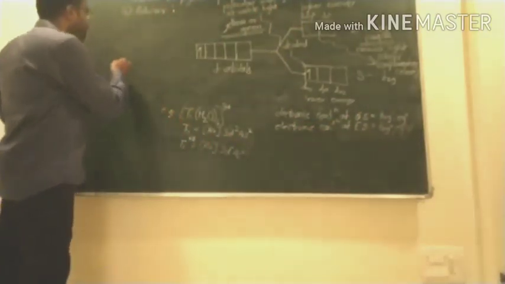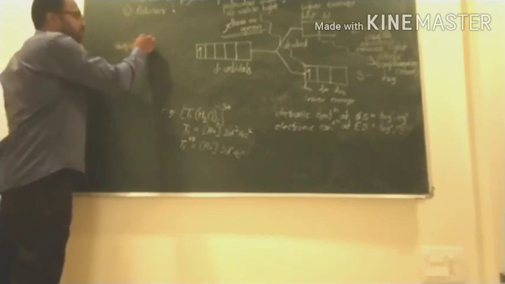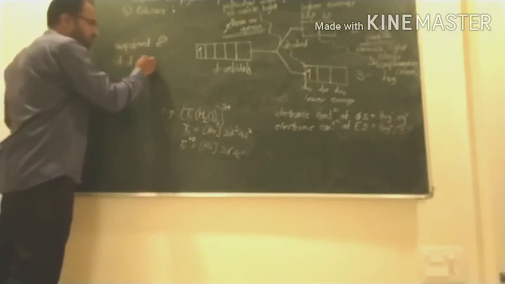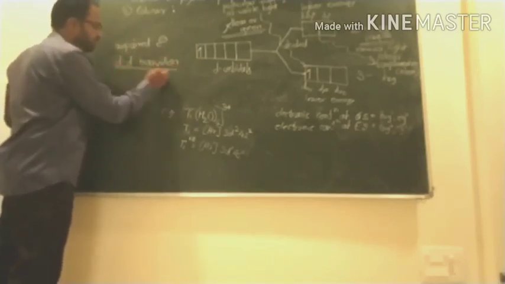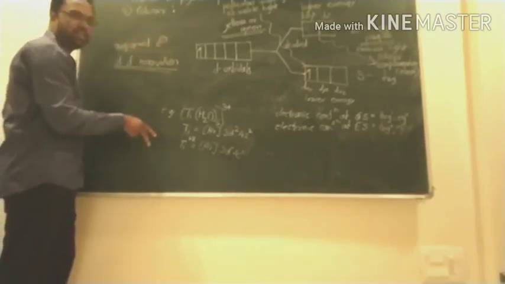So the color depends upon unpaired electrons and d-d transition, which are the two main factors here.